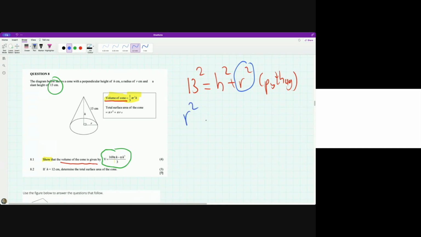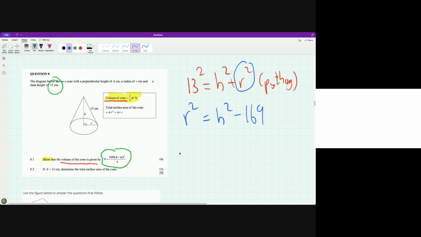If I say to you r squared is equal to h squared minus 13 squared, or let's say h squared minus 169. Are you with me? Thumbs up if you can follow that. Because what I did was I just moved this to the other side, and then 13 squared is 169. Okay, I feel like I'm getting warmer now.